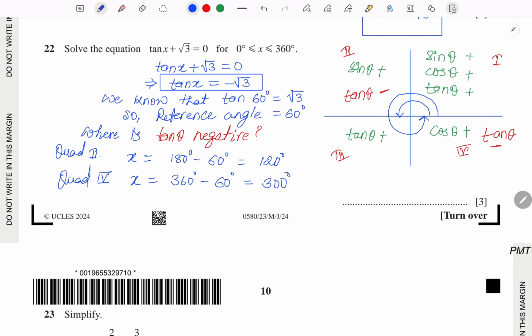So we will have 2 different angles for which tan theta is negative root 3. The first one is 120 degrees and the second one is 300 degrees. This is the solution for this question.